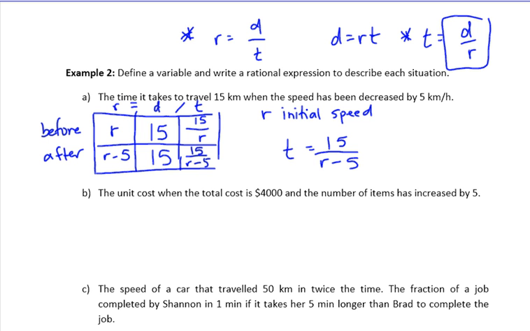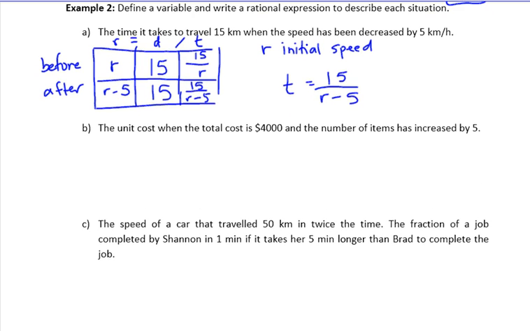The next one, unit cost. Anyone know what unit cost is? The cost of one thing. Yeah, so like how much it is per candy, for example. The unit cost of the total cost is 4,000 and the number of items has been increased by 5.